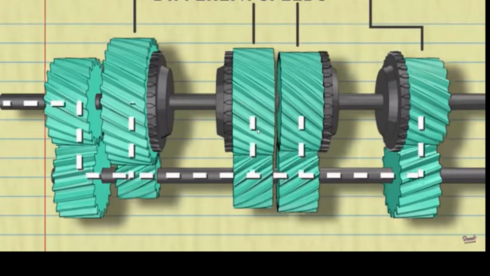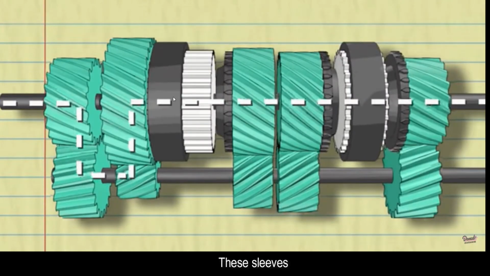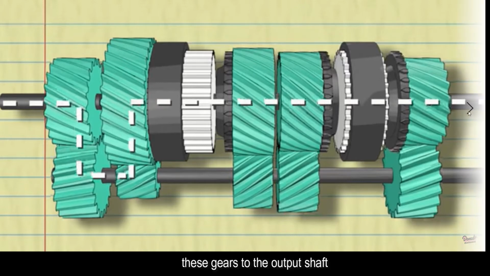And all these gears are actually moving at different speeds. Okay, these white ones are called hubs, and these black ones are called sleeves. These sleeves will slide to the gear disc and then anchor these gears to the output shaft.